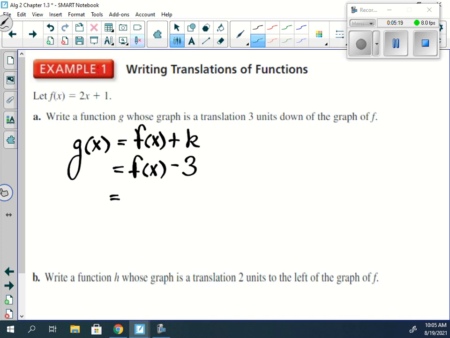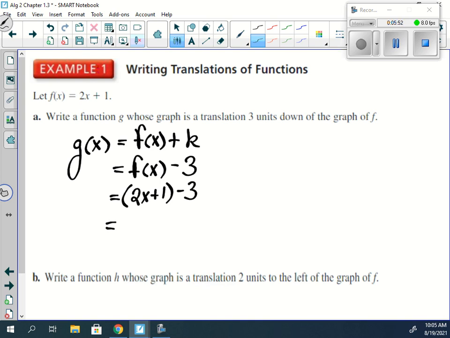Now what is f of x for us? 2x plus 1, yes? So let's replace it with that function, 2x plus 1. Now we are going to simplify this. Is there anything outside or in front of that first parenthesis? No, because if there's a number out there, we have to distribute. If there's a sign, we have to distribute it.